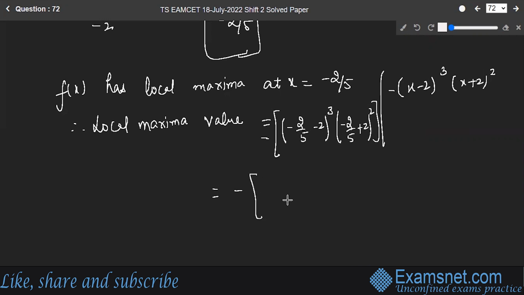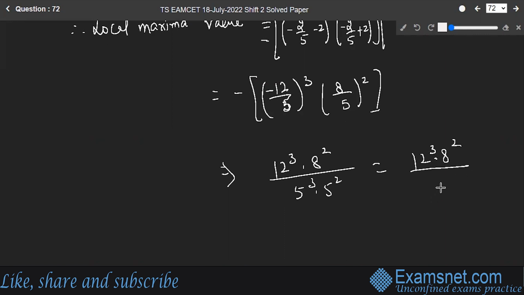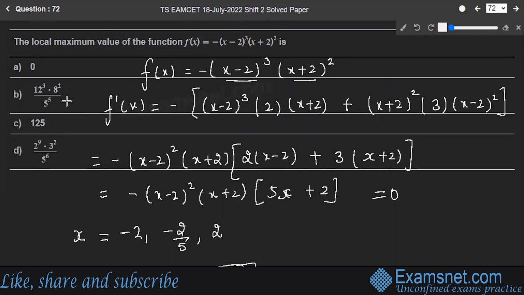That is minus of (minus 12 upon 5) cube (8 upon 5) square. That's equal to, minus will be plus, 12 cube into 8 square upon 5 cube into 5 square, that is 12 cube multiplied by 8 square upon 5 raised to power 5. Okay, this is option B.